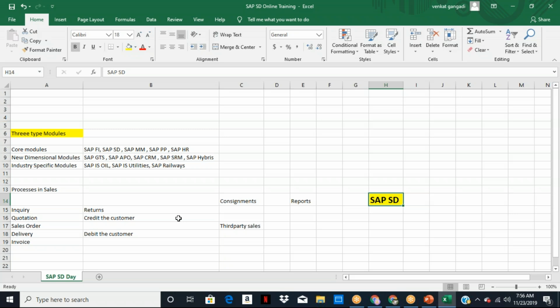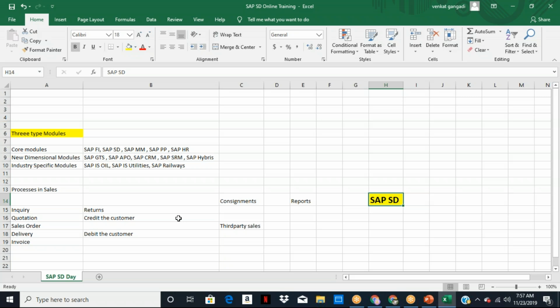Creating the sales order, the delivery, the customer invoice, sales returns, credit memos, consignment, third party, and intercompany sales, we use the SD module.